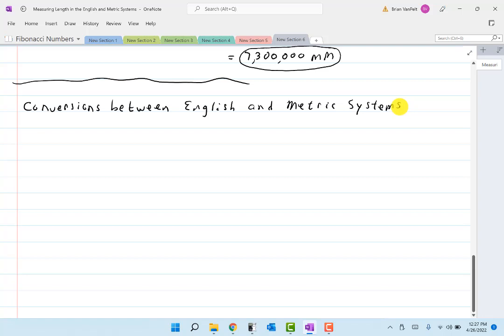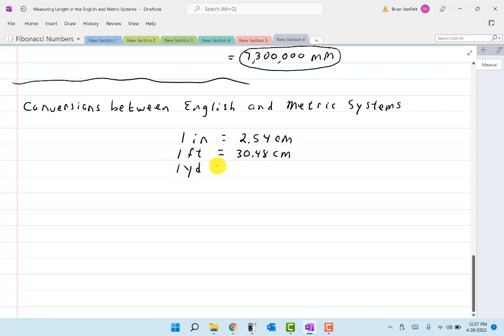So we need something that will connect each of the measurements, or at least some of the measurements, from English to metric. And what we do, here's one, this is one that's very useful. 1 inch equals 2.54 centimeters. 1 foot equals 30.48 centimeters.